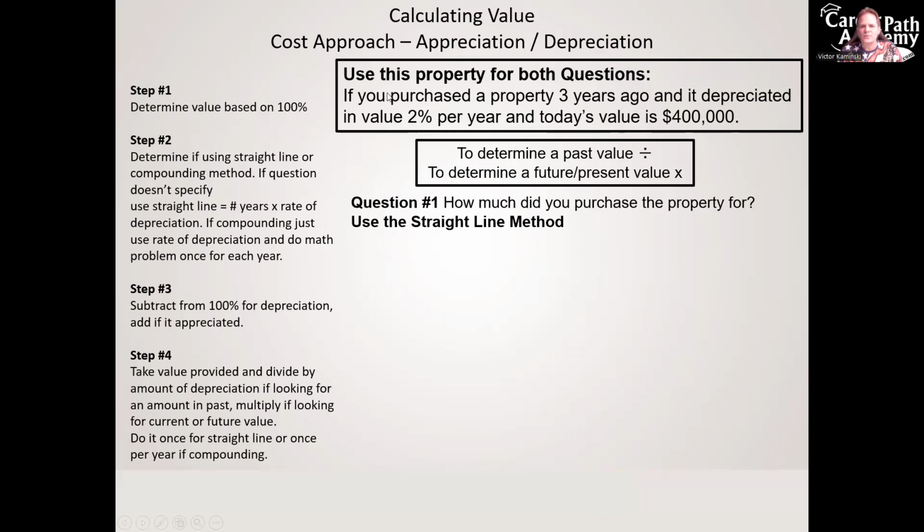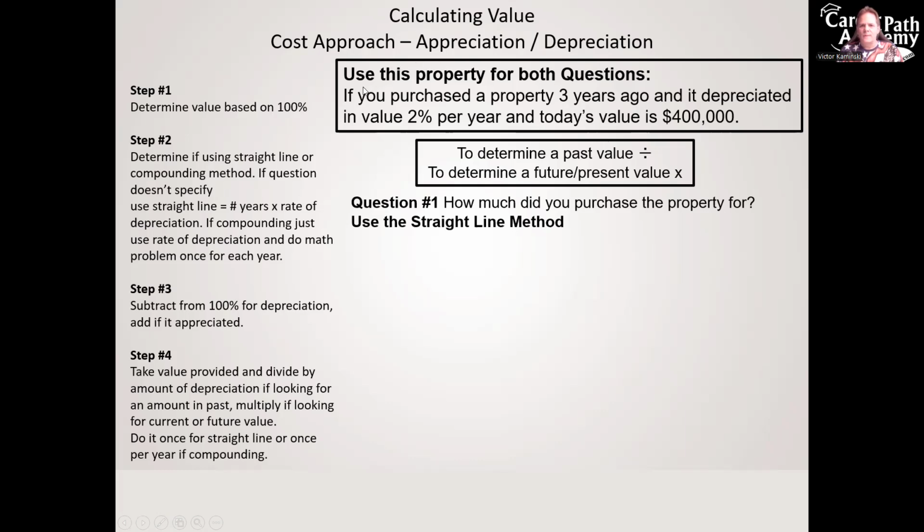In this problem, it says if you purchased a property 3 years ago and it depreciated in value 2% per year, and today's value is $400,000, how much did you purchase the property for? Use the straight line method. So how do we calculate this?